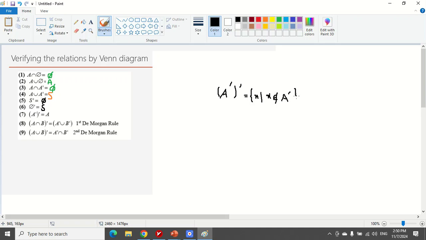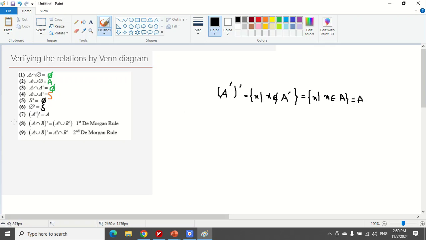If x is not belonging to A prime, I can remove that prime and change the not-belonging sign to the belonging sign. It means that x belongs to A. So the result will be A.